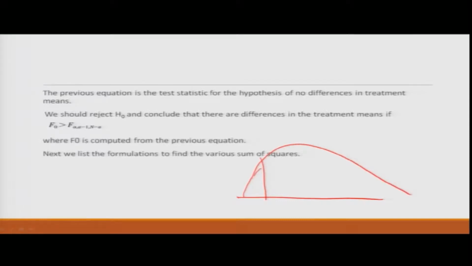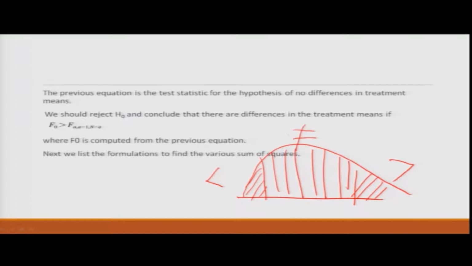On this part it will be less than type, on this part it will be greater than type, and any value in between would be not equal to. So, based on that the F distribution would be used accordingly.